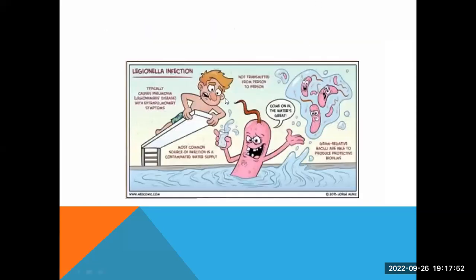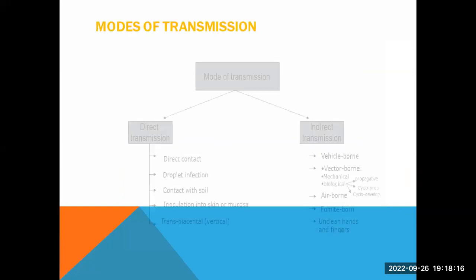A very famous example is the Legionella infection, which typically causes pneumonia. The most common source of infection is a contaminated water supply. So the reservoir here is a non-living reservoir. It's the environment. It's in the water. So this is another common infection where the reservoir is an environment.